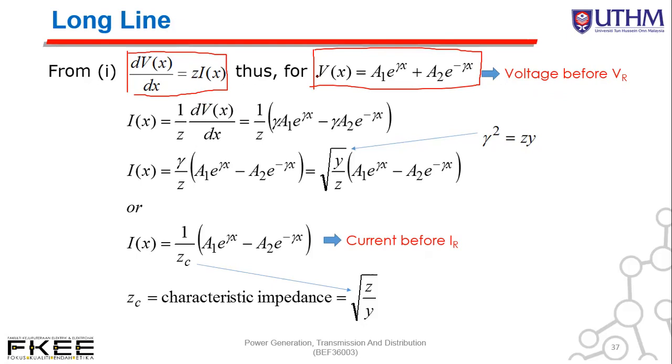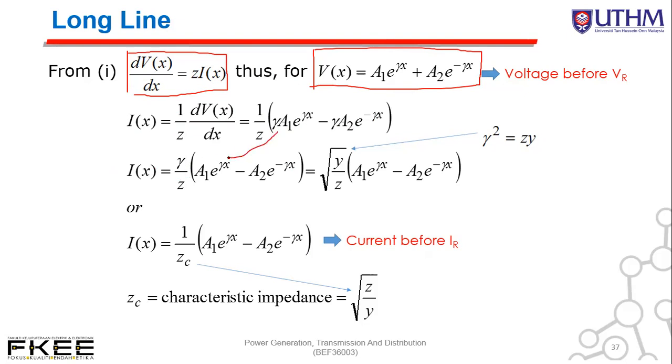For this we can get Ix equal to 1 over Z dVx/dx, equal to 1 over Z times (γA1 e^(γx) minus γA2 e^(−γx)).